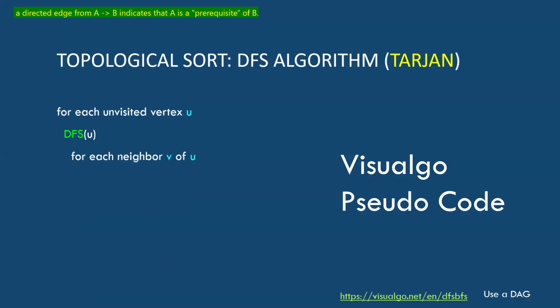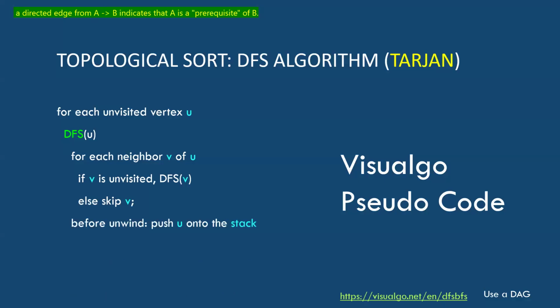And then for each neighbor of that U, okay, so these are the adjacencies, if it's unvisited, we're going to go in order of the adjacency list. So you can think of it as left to right order, I guess. But we're going to call that recursive call again if it's unvisited.